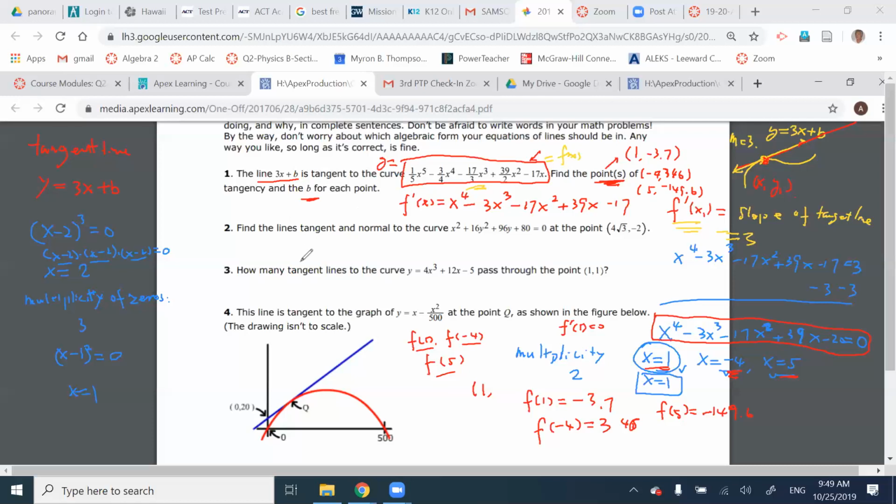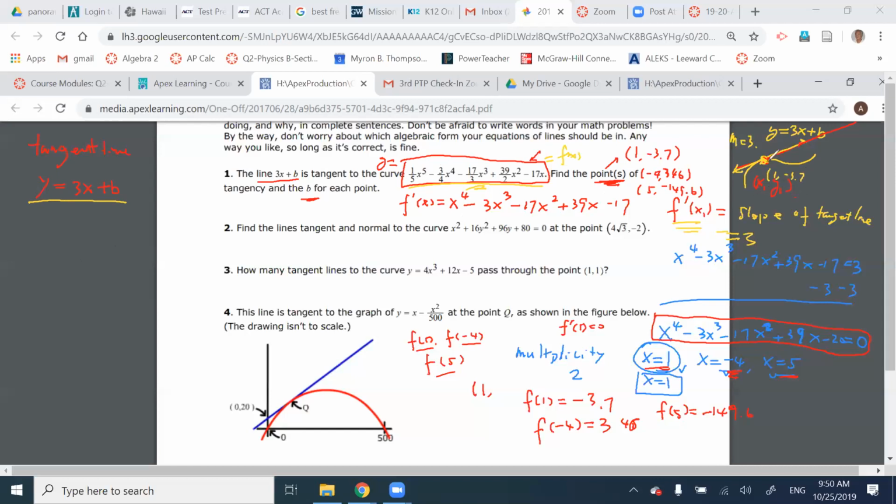How do you find the b? You plug in, right? Yes, good, good. So we're going to plug in here. I'm going to plug the 1 into this equation, okay? For example, here is the point 1 and negative 3.7.